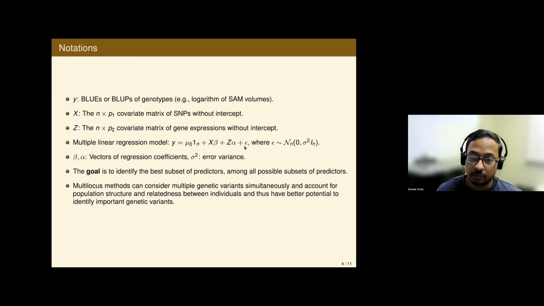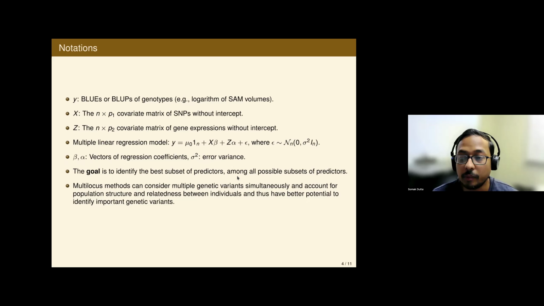Plus we have IID random errors. We assume that those IID random errors are generated from a Gaussian or normal distribution with mean 0 and variance sigma squared. As I said, beta and alpha are the vectors of regression coefficients, and sigma squared is called the error variance. The goal is to identify the best subset of predictors, that is the subset of SNPs and genes from all possible subsets of these SNPs and genes.